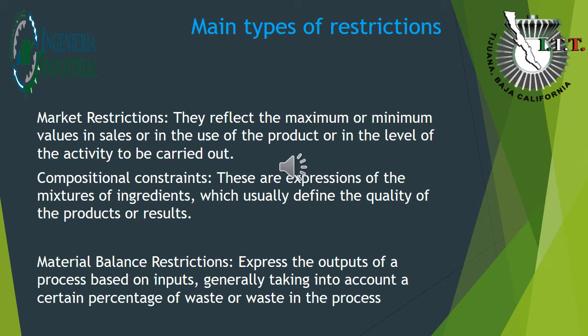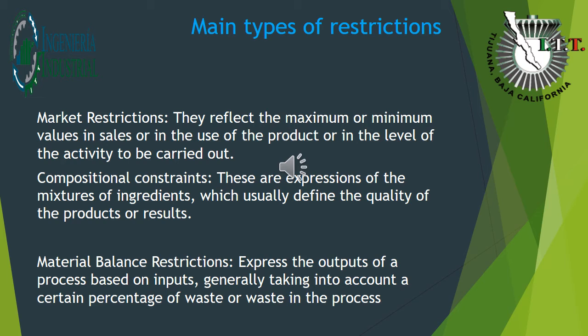Main types of restriction. Market restrictions. They reflect the maximum or minimum values in sales or in the use of the product or in the level of the activity to be carried out. Composition constraints.